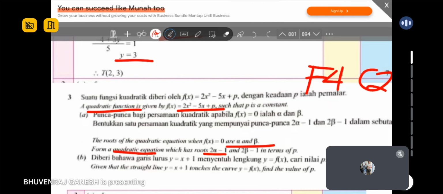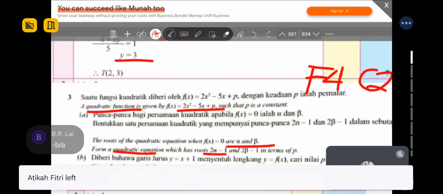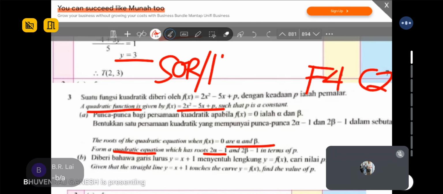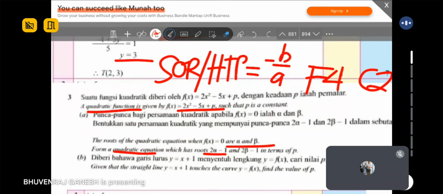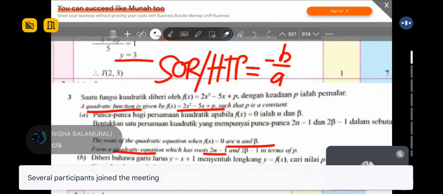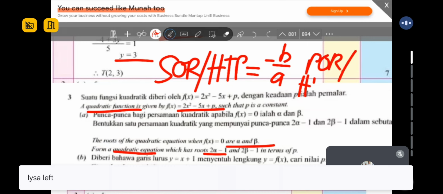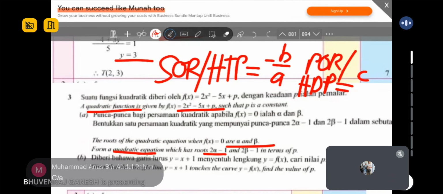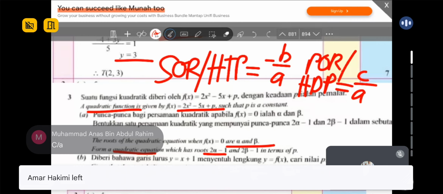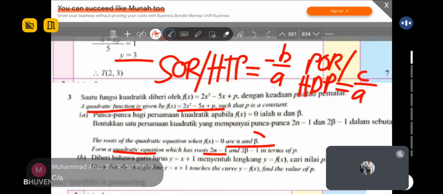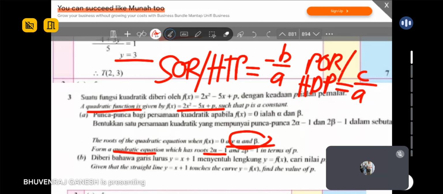SOR or HTP, you will get negative B over A. Product of roots, POR, yes, is C over A. So you must use this information. Just use these two equations, so you can form the equation for alpha and beta.